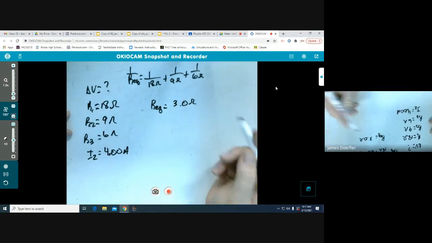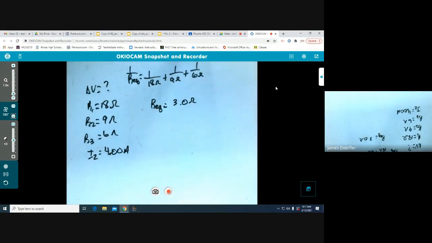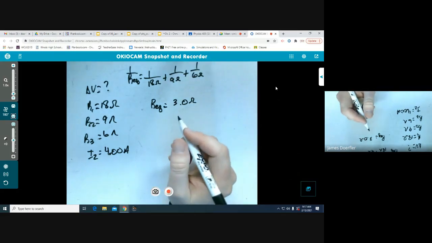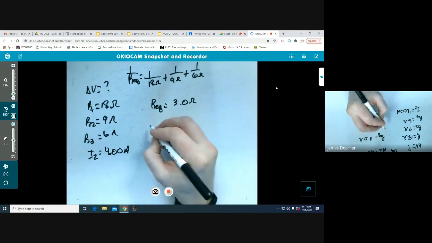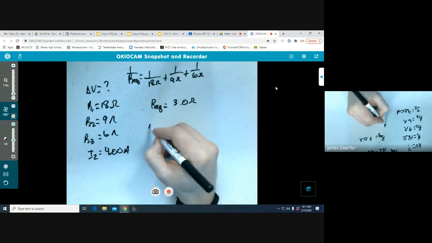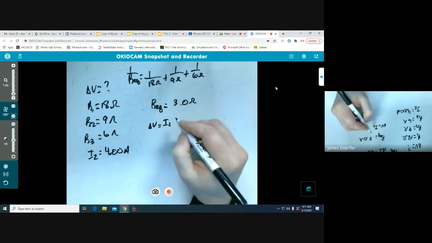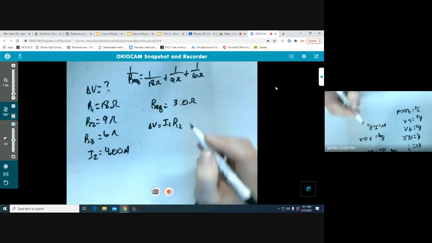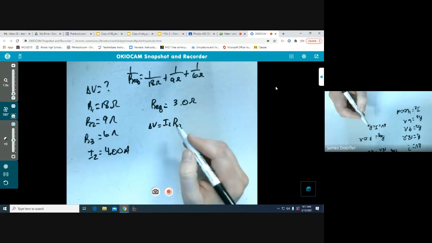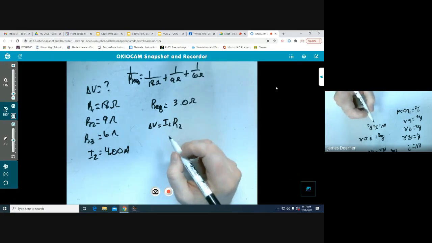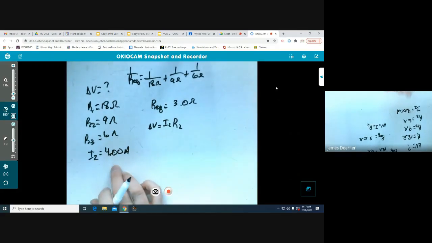Okay, very good. The next thing for part B says, what is the potential difference across this source? So this time we're not going to rearrange that equation. We're just going to simply do delta V is equal to I2 times R2. We know which one to use because of the problem.